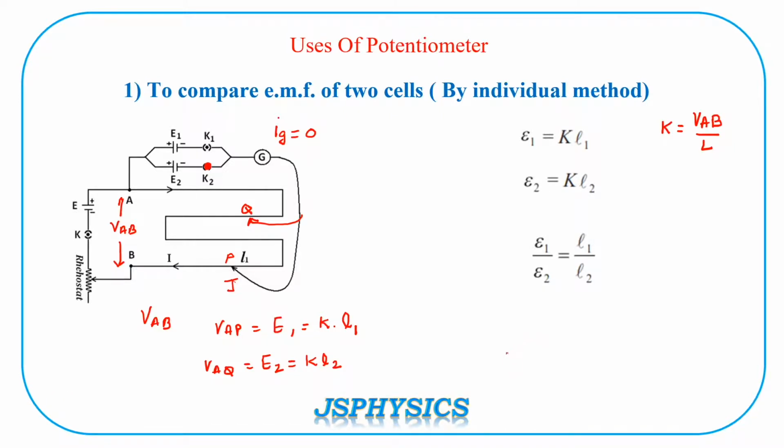Or we can say that once we know the value of L1, L2, and if the cell E2 is given, suppose let us say it is 1.5 volt, then we can calculate the value of E1 by using the same formula L1 by L2 into E2. And same way, if E1 is given, then we can find E2. So using this type of method, we can compare the EMF of the two cells, and also we can find the EMF of one cell if the other is given.